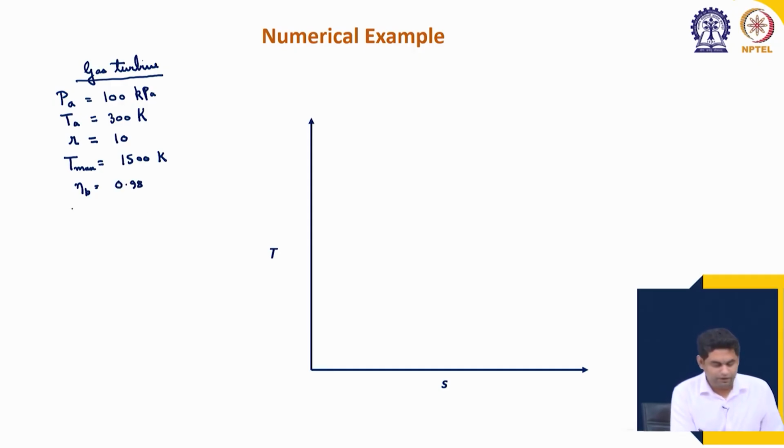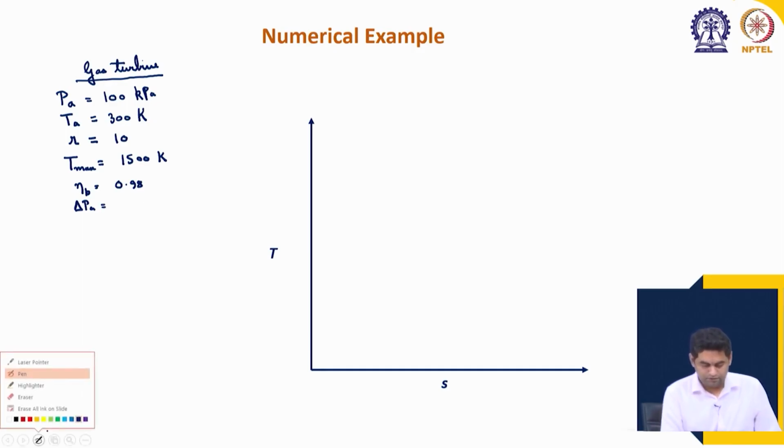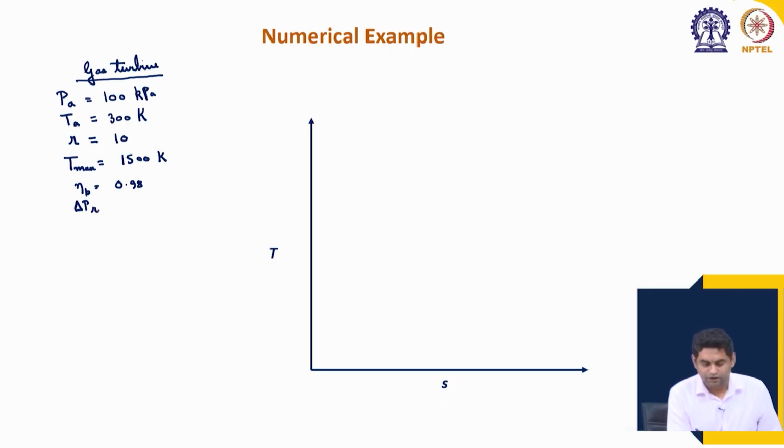Then there is regenerator pressure loss. On the air side we have 2%, which we can write, to be more accurate, as delta P regen A. This is 2% of the compressor delivery pressure.